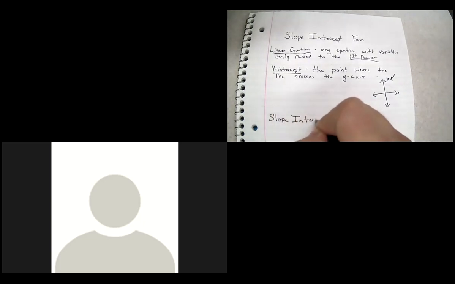Now our slope-intercept form looks like y equals mx plus b. The x and the y are just our variables, or they represent a point on the line.